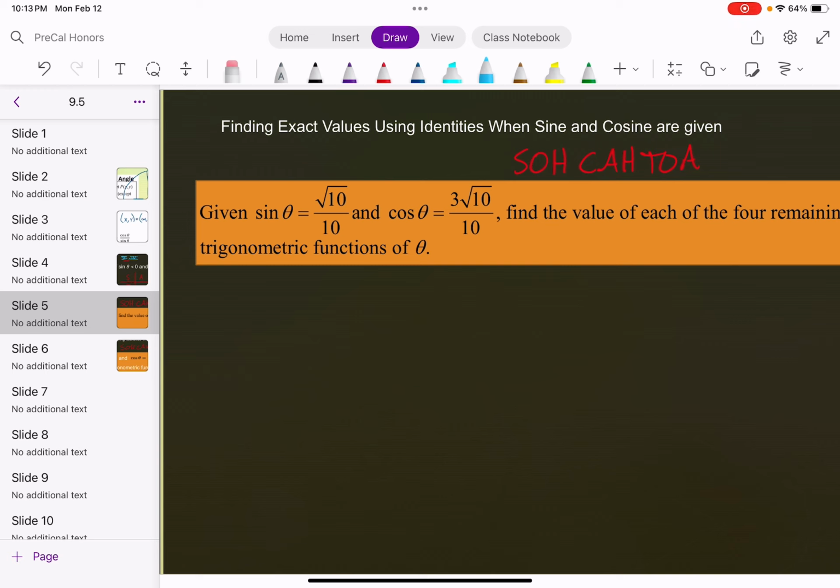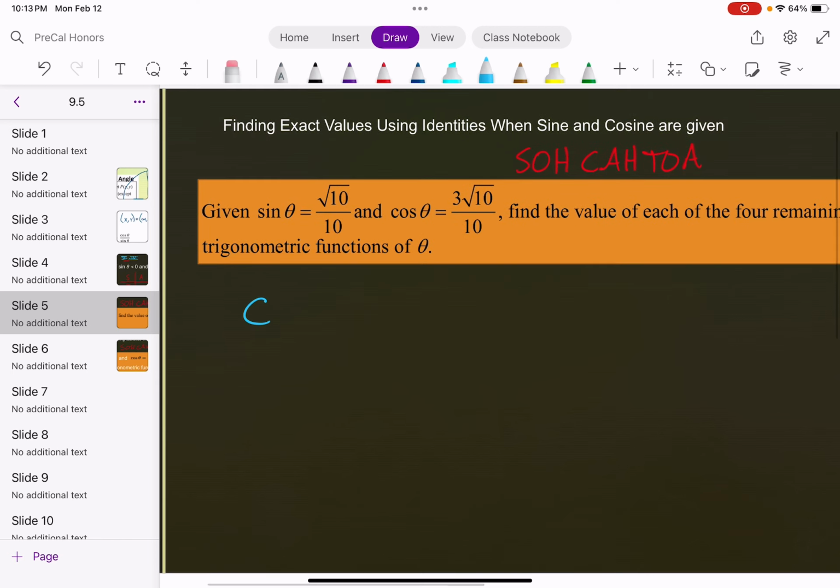So we're going to go ahead. We're going to start off with sine is already given. So we're going to go with cosecant. We're going to look for cosine being given to us, which means secant.